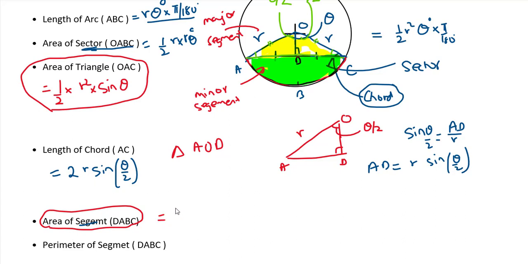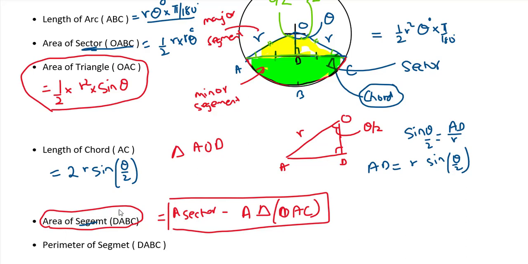This will be equal to the area of the sector, which was the entire yellowish thing, minus the area of triangle OAC. If we subtract the area of the triangle from the area of the sector, we will get the area of the segment.